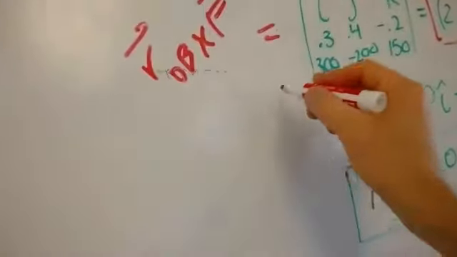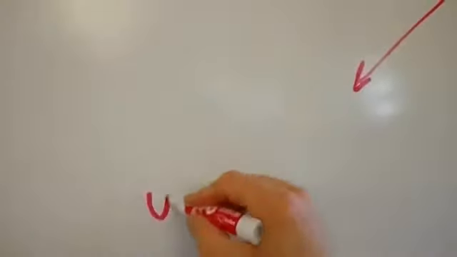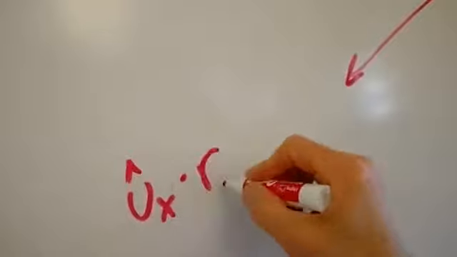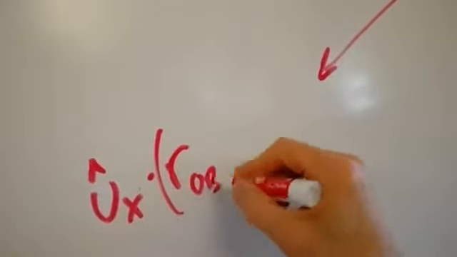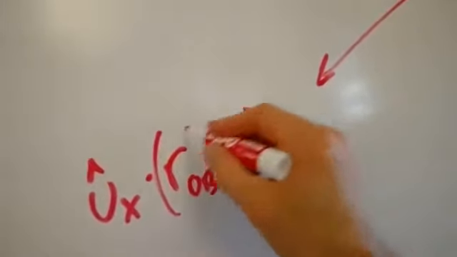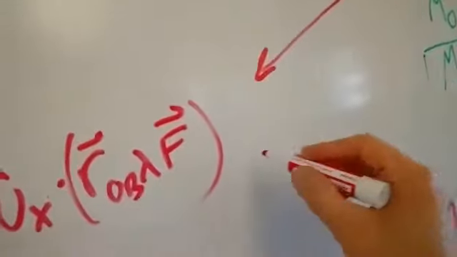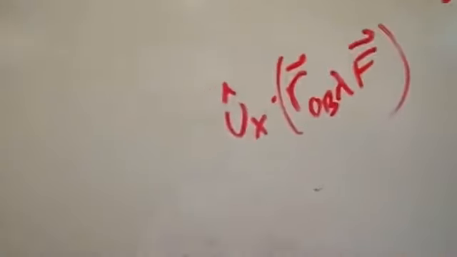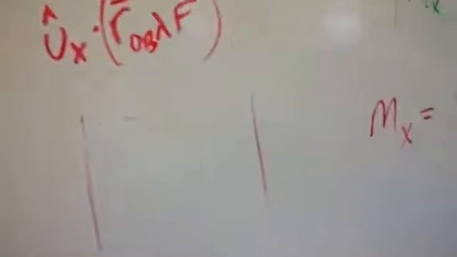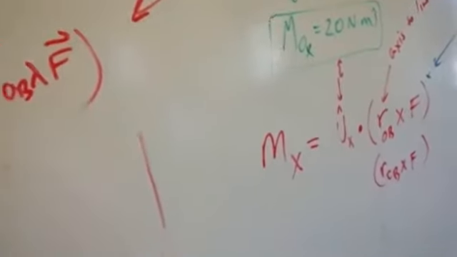But a slightly easier way, because you don't actually have to do the determinant and then the dot product, is you can combine those. So you could do essentially u_x dotted with r_OB cross F, and that gives you a scalar, by the way. You just take the components of u_x on the top row instead of i j k. The components of u_x are 1, 0, 0.